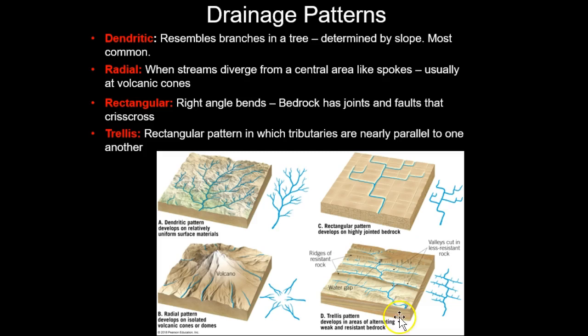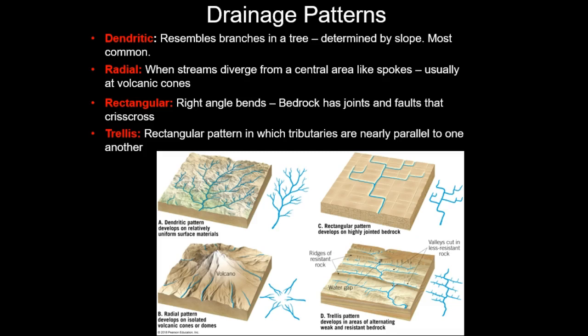And then you have the trellis pattern, which is down here on the bottom right of the picture. It is similar to a rectangular pattern, but in this case the tributary streams are nearly parallel to one another, and they have the appearance of a garden trellis, which is why we call it that. This pattern forms in areas that are typically underlain by alternating bands of resistant and less resistant material.